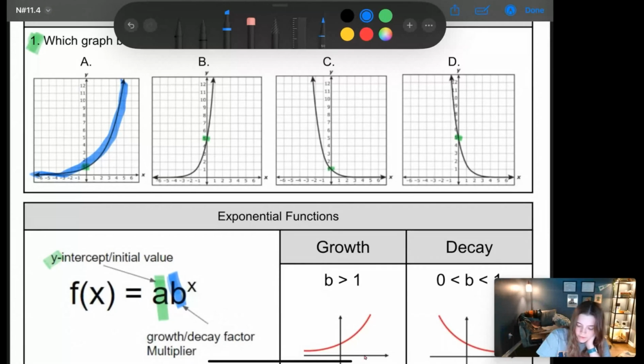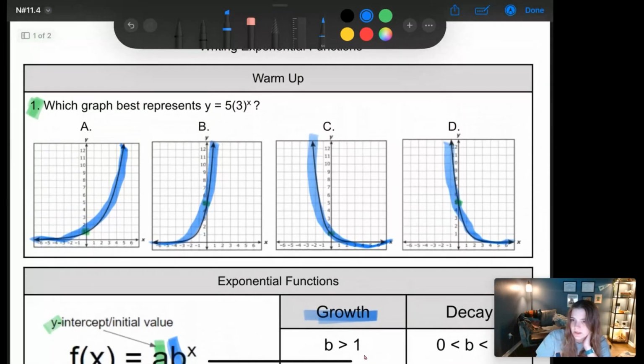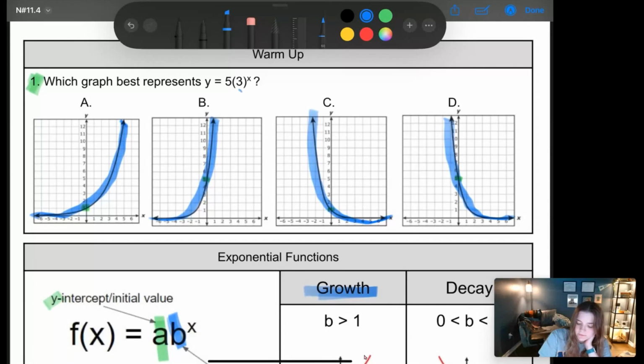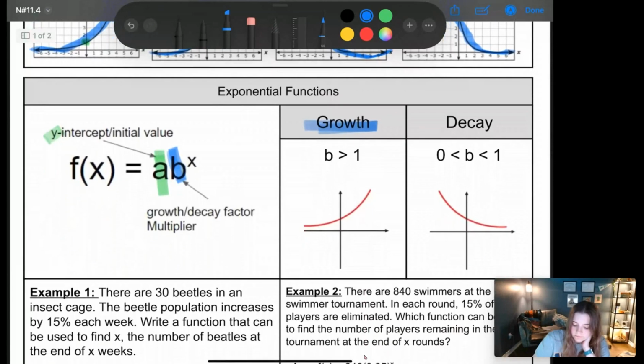It's greater than 1, and it tells you that right here. Growth is greater than 1. If it is decay, where it's going down like this, that means it is between 0 and 1. It's less than 1, and it's going down like this. So take a look at those answer choices and pick out which one would make the most sense for this equation.